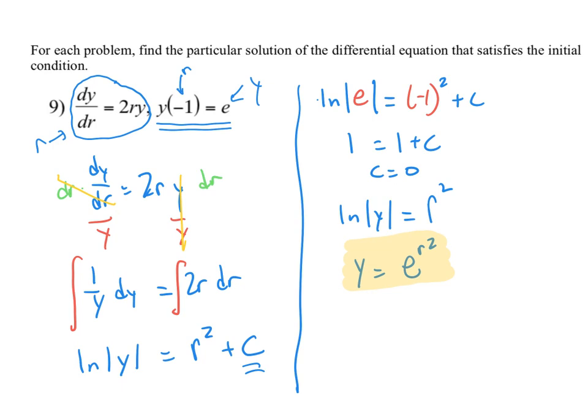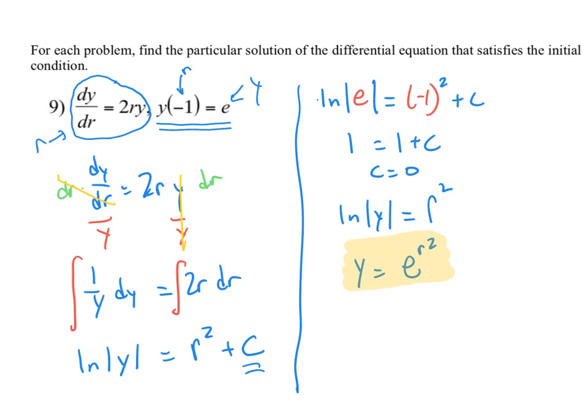We considered them, and we realized we didn't need them. There will be problems where the absolute value bars are important, and when we get to that, I'll certainly make sure to point that out. But for the time being, if y is always positive, the absolute value of y is the same as y. And e to the r squared is always going to be positive, so we're in good shape.